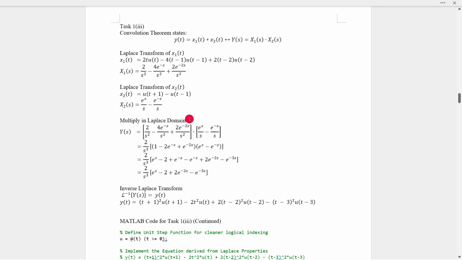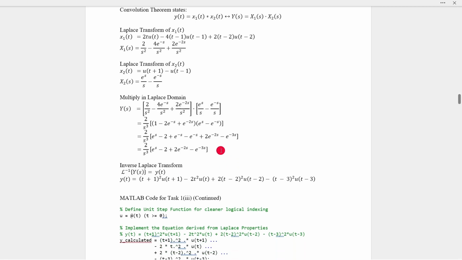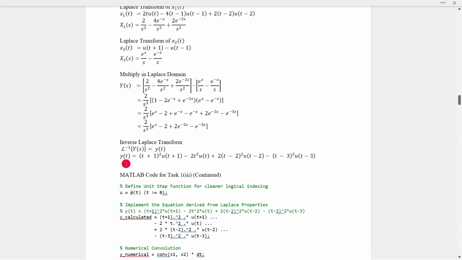Then we multiply them in Laplace domain. So Y(s) will be this equation. In order to get back y(t), we have to take the inverse of Y(s), and this will be the final result of y(t) using inverse Laplace transform.